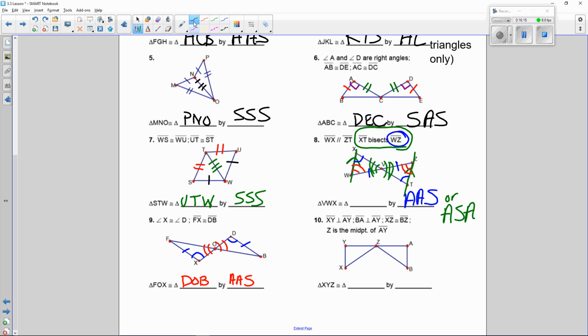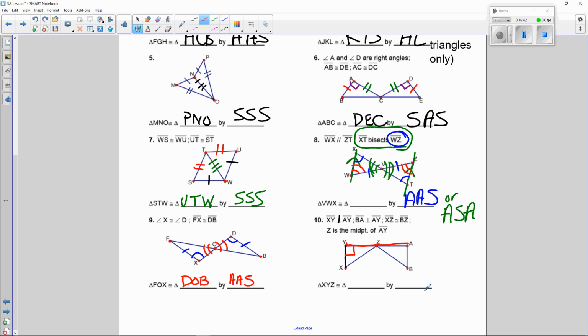Finally, number 10. So remember that upside down T, that means perpendicular. So they're telling us XY is perpendicular to AY. So here's XY, here's AY. So if they're perpendicular to one another, that means they form a right angle.